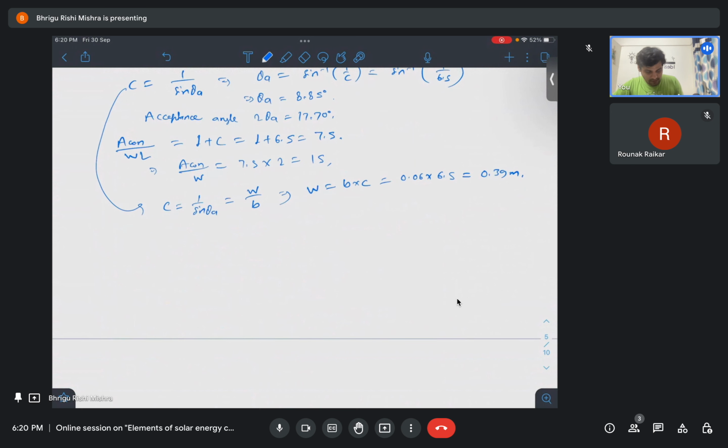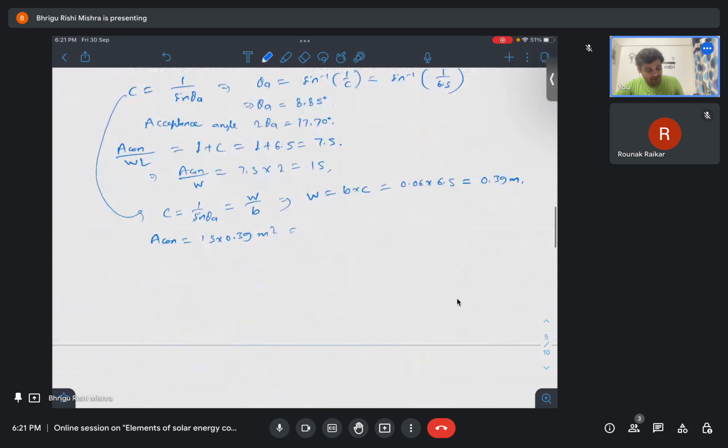Now we can calculate the area of the concentrator, which equals 15 into 0.39 meter square, as L is given in meter. Using a calculator, 15 into 0.39 is 5.85, so 5.85 meter square.